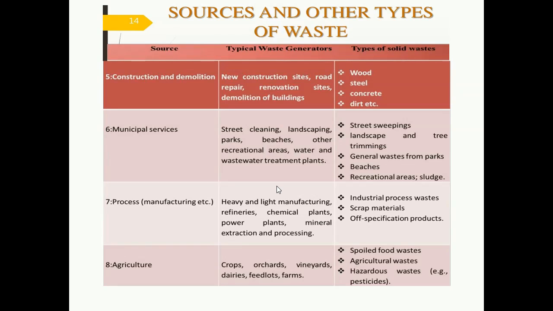Here the types of solid waste are wood, steel, concrete, dirt, etc. We are observing that the fifth source is construction and demolition, and the types of solid waste related to it are wood, steel, concrete and dirt.